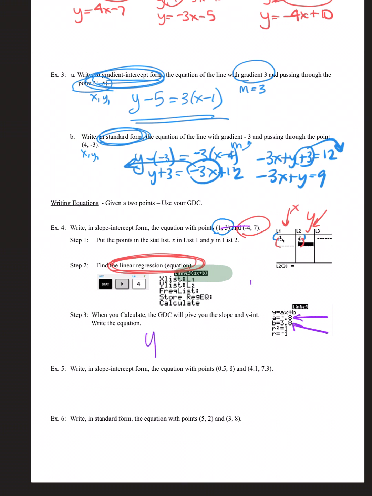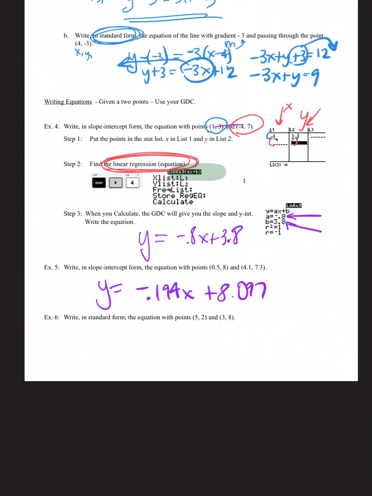So the equation is y equals ax plus b. For example 5, if you did it right in your calculator, you should get y equals negative 0.194x plus 8.097. And for the next one, it should be y equals negative 3x plus 17.